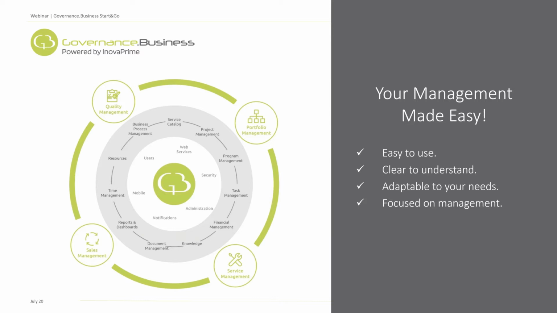around resource capacity planning. So the possibility for you to analyze the capacity of your resources, the way that they are being planned across the different work items inside the organization, and then additionally understand really how they are being utilized, the real utilization coming from all the timesheets that we also manage inside Governance.Business, which allows a resource to report their actual work time in each of the work items, and then following an approval process to make sure that we account those actual hours in the different work items, such as projects, programs, initiatives, opportunities, assets.